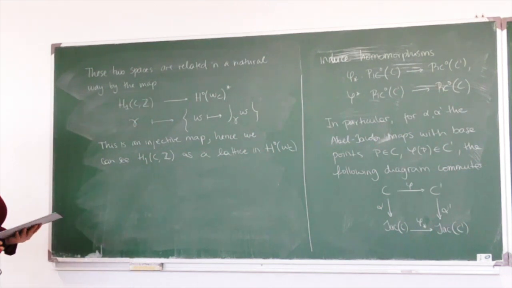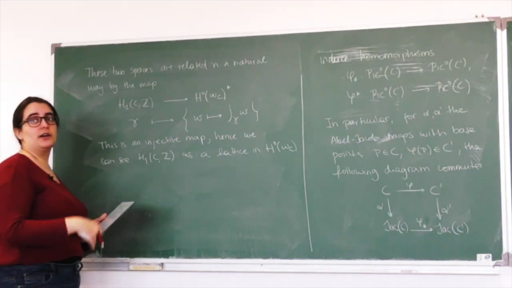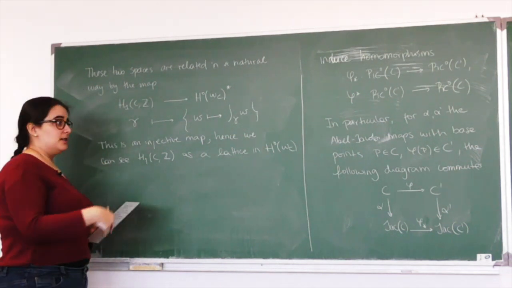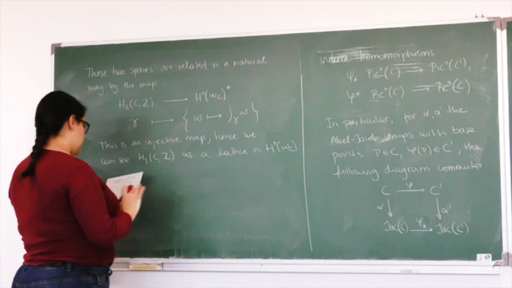So I hope that the next step is clear now. We have a g-dimensional complex vector space and a lattice of rank 2g inside of it.